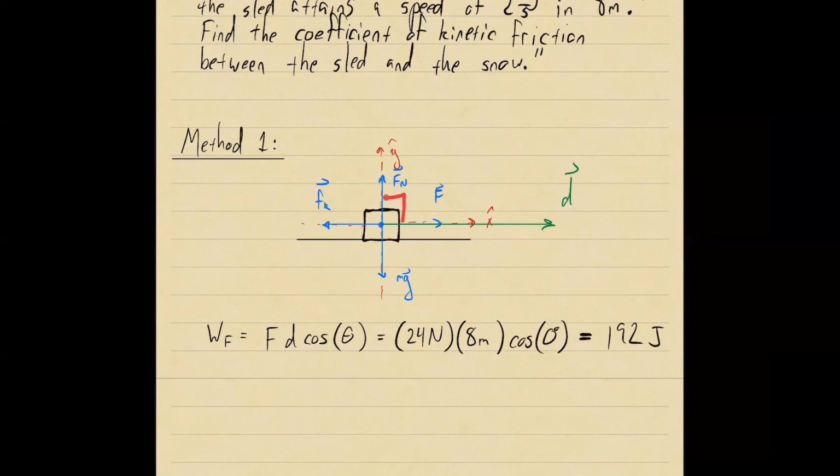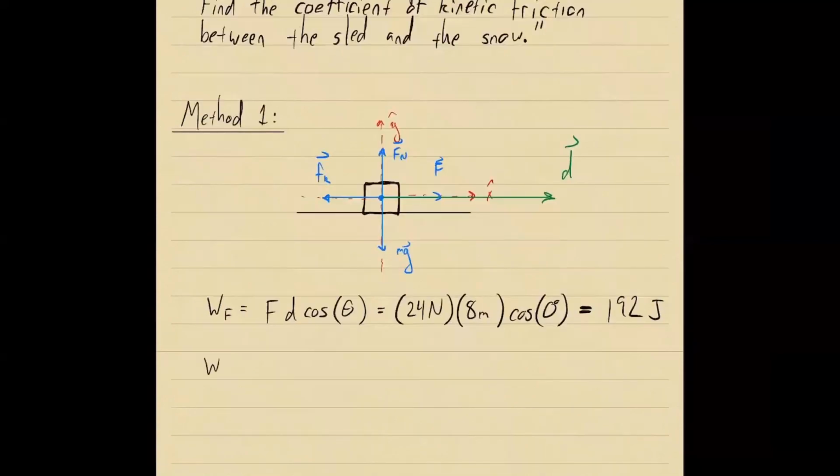So what about the normal force? The work done by the normal force is equal to the magnitude of the normal force times our displacement times cosine of the angle between them. Notice that the displacement is in the positive x direction, our normal force is in the positive y direction, and there's an angle of 90 degrees between them.